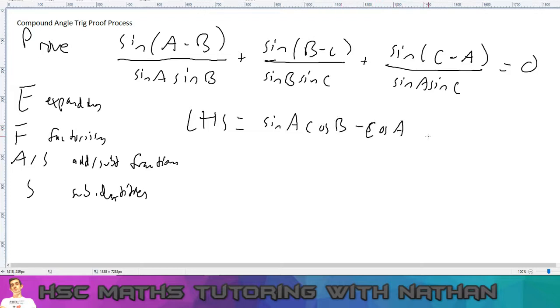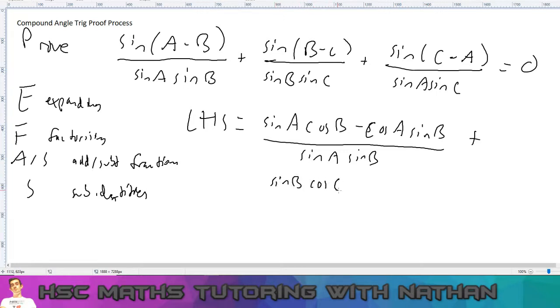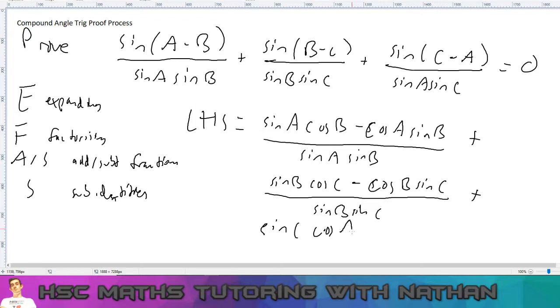Remember, sine is sine A cos B minus cos A sine B, over sine A sine B, plus sine B cos C minus cos B sine C, over sine B sine C, plus sine C cos A minus cos C sine A, all over sine A sine C.